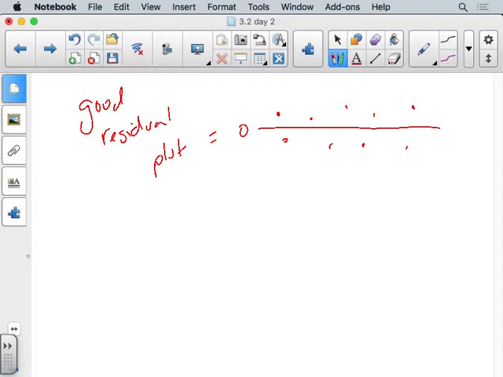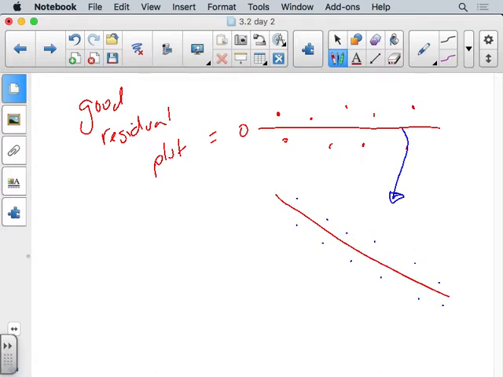The graph would look like some sort of distribution where some are high, some are low, some are high, with a good mixture throughout. So this would lead me to say that the line is actually going through my data nicely.